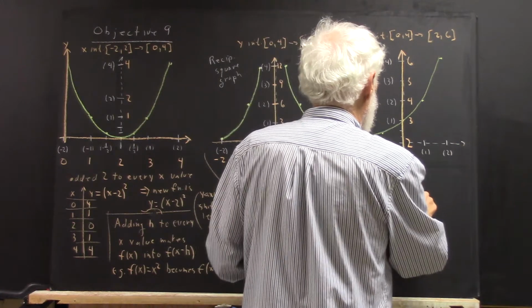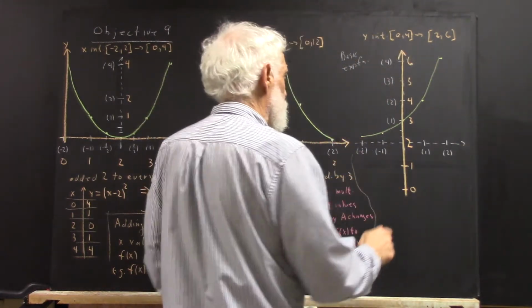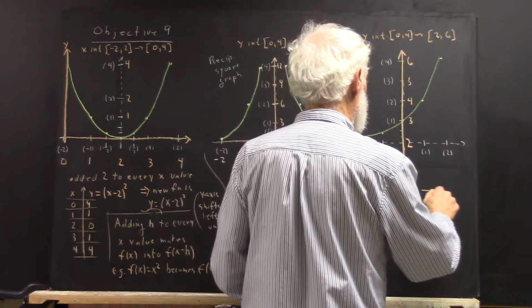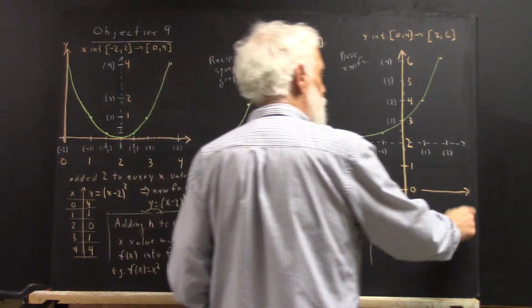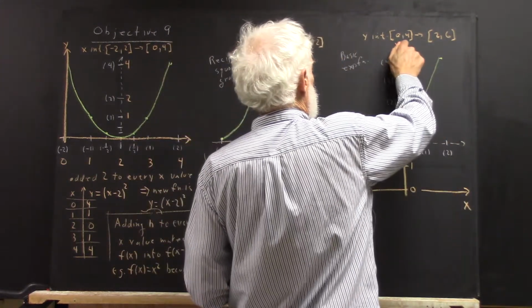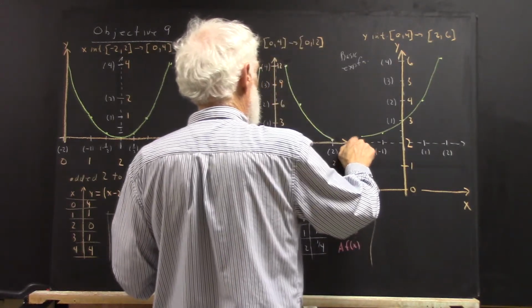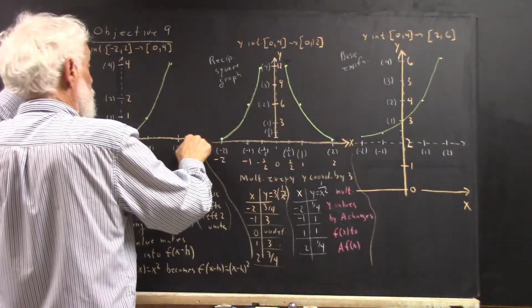Now here's our new y-axis. Here's our new y equals 0, and that's going to tell us where the new x-axis goes. So here's our new x-axis. Here's our new y-axis. We should label these over here. Here's x, here's y.